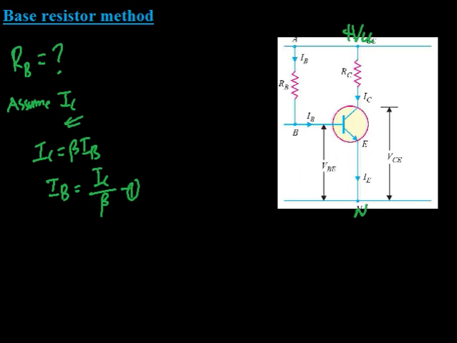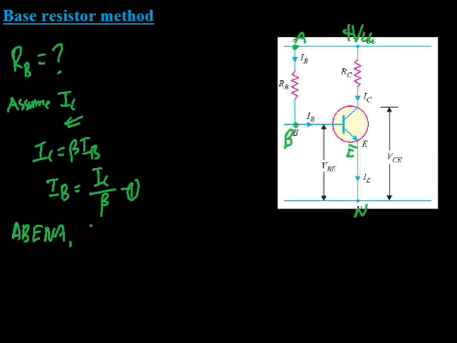Let's analyze the circuit by using Kirchhoff's law. So this is end A, this is the node B, let's call this node E, and this is N. Now consider the closed circuit A, B, E, N, A.